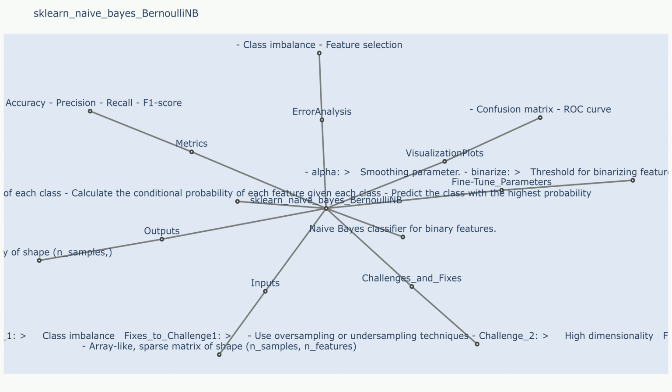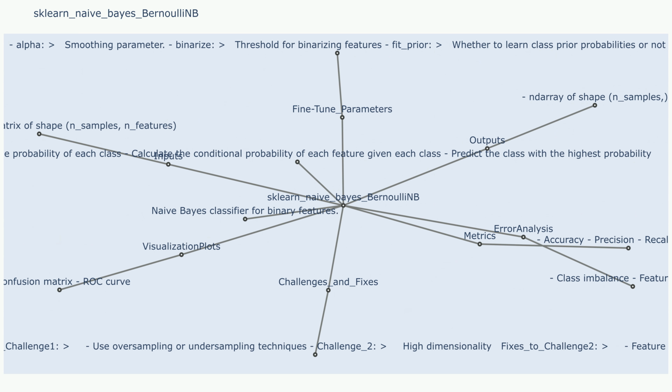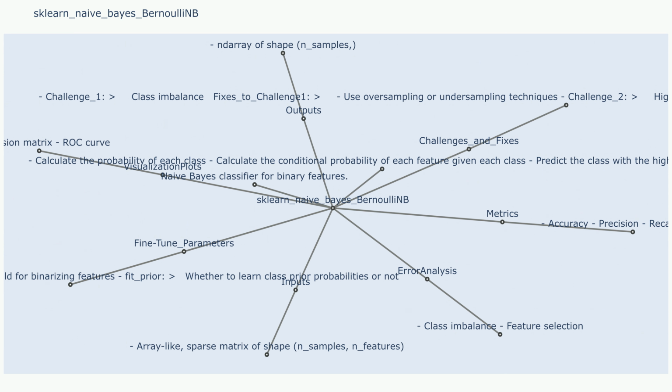Confusion matrix: a visual representation of the model's performance, showing the counts of true positives, true negatives, false positives, and false negatives. ROC curve plots the true positive rate against the false positive rate for different classification thresholds. Precision-recall curve plots precision against recall for different classification thresholds.